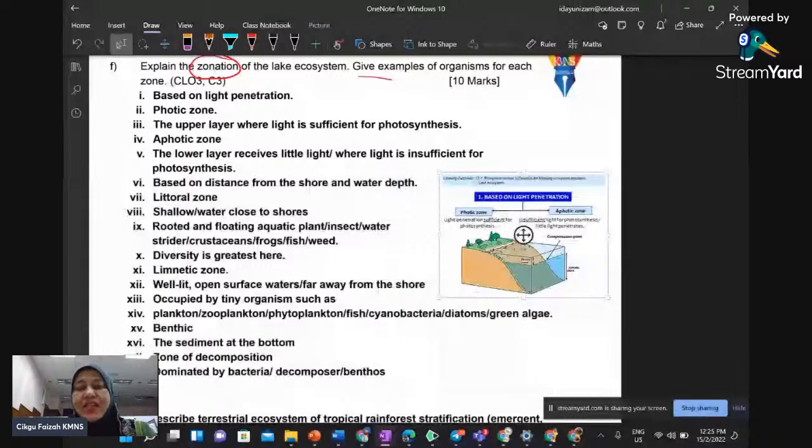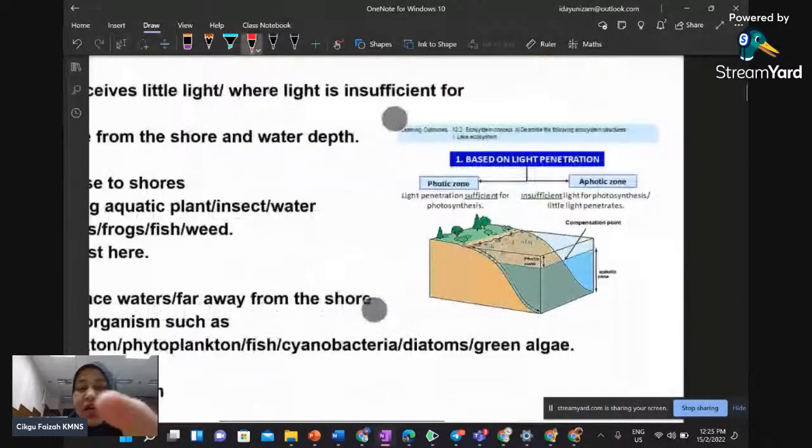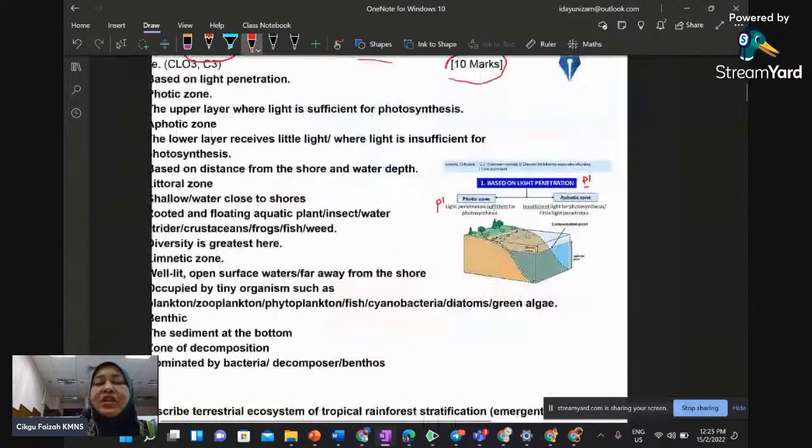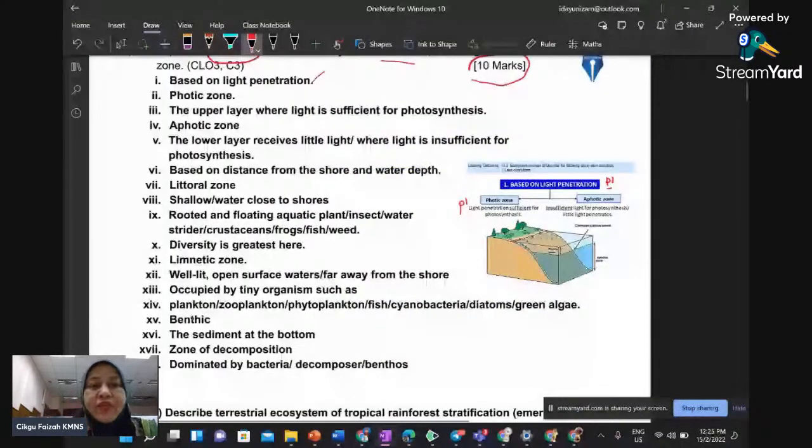So if you refer to the 10 points, jadi kamu kena ambil satu. Di ini ialah point 1, light penetration sufficient for photosynthesis, okay, the photic zone and the aphotic zone. So ini akan jadi your first point based on light penetration.